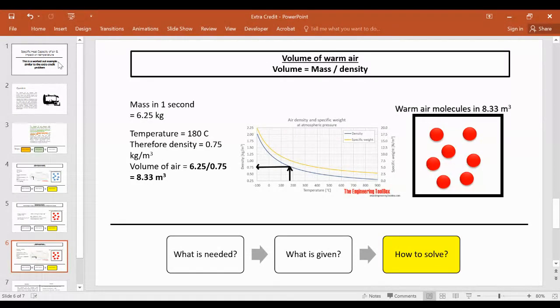And since the same mass is going through, that's not going anywhere else, it's going through the vent, it's now occupying a larger volume because the density is lower. What's this volume? Well, you can calculate the volume by dividing the mass that's going through by the new density. So you see a volume of 8.33 cubic meters per second.